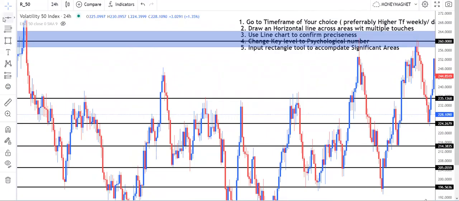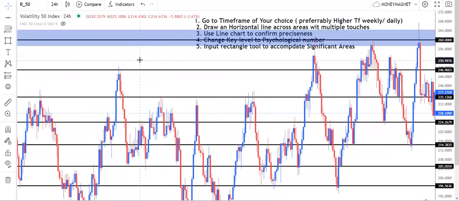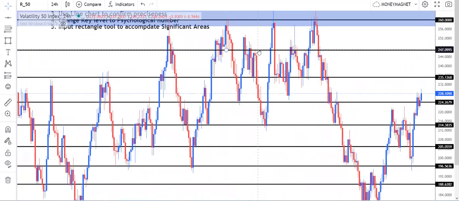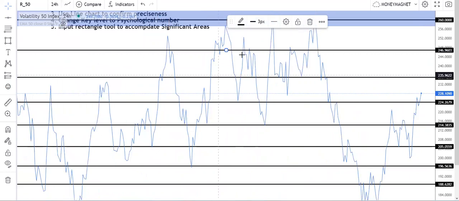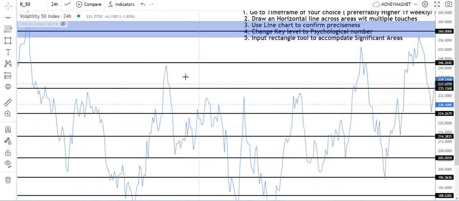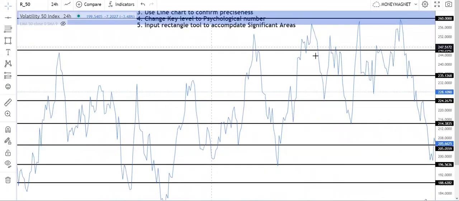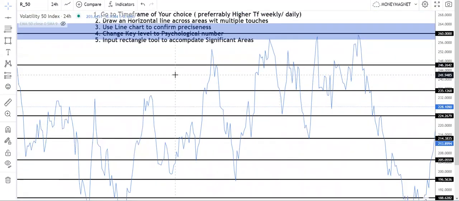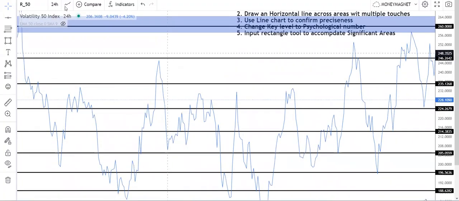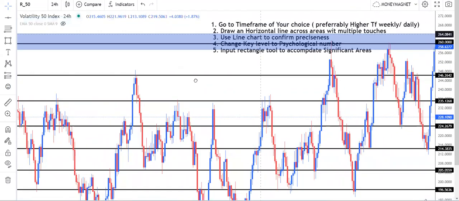I think I will add one more level and then move to the next step on our list. All right, this looks, yeah, I'll use this right here. This looks perfect enough.